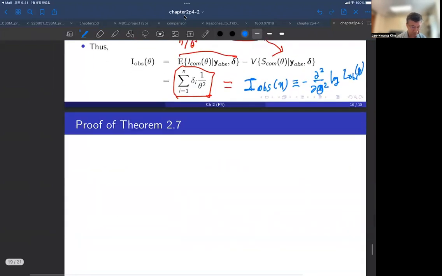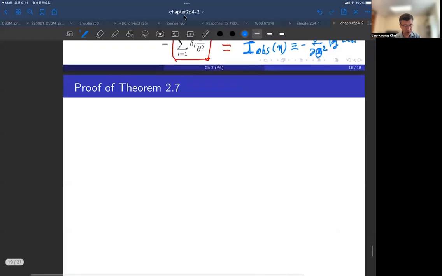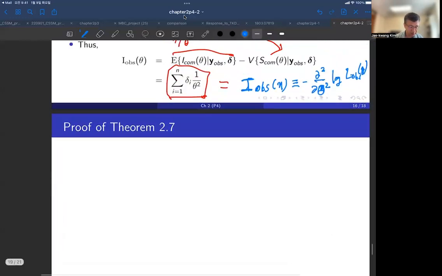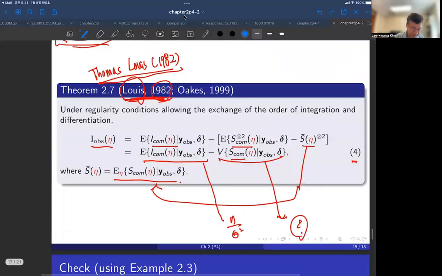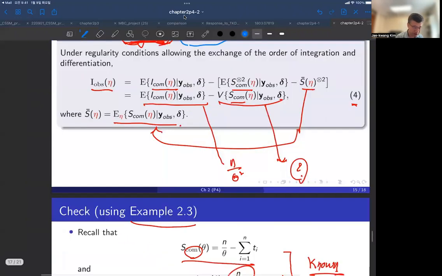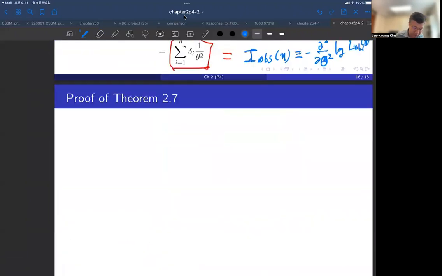Now, how to prove it? The proof. The other approach is in Oakes, I think. The proof for Oakes' formula is easier, so I use Oakes' approach.